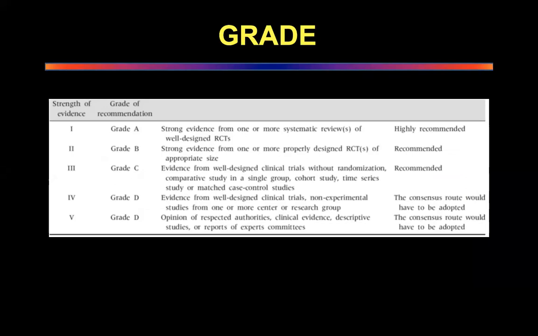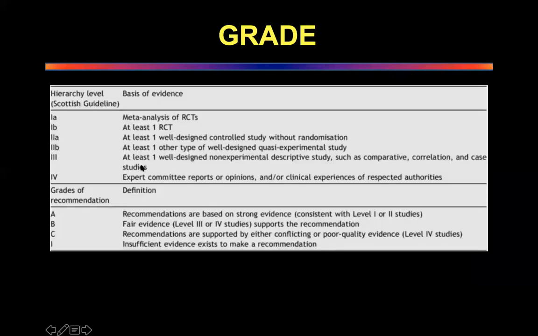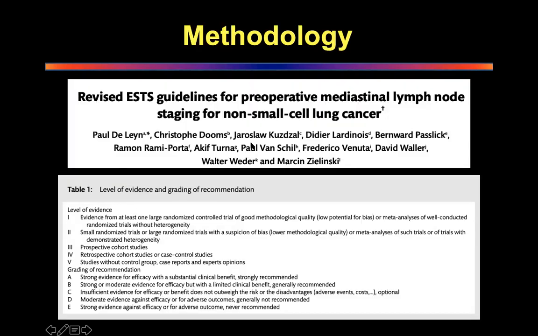Whenever you read a paper, you have to look at the grade of recommendation that paper has used. The commonest one, which is in sync with the Scottish guidelines, is A, B, C, and I. Okay, where A is recommended, B good, C strong or fair evidence, but I is for insufficient evidence. Okay. So whenever you read a paper, for example these revised ESTS guidelines for mediastinal lymph node staging, look there, the level of evidence is mentioned in the paper.